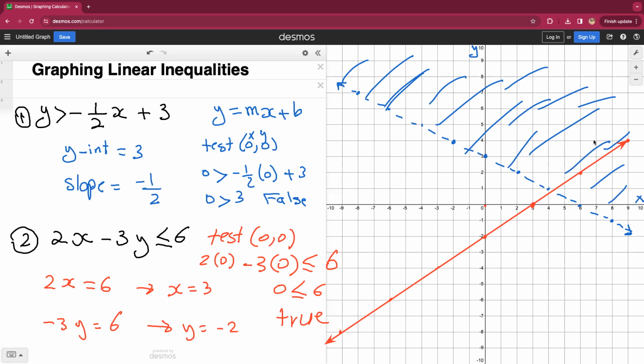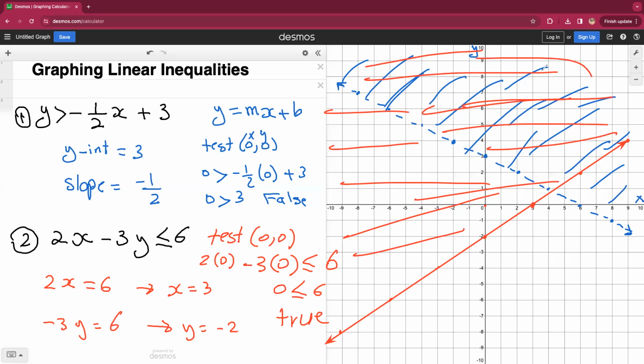So what we're going to do is basically shade all of this area because that's all above the red line. Now, how about if we want to find the solution that satisfies both of these lines? The solution that satisfies both of these lines is the area that you shaded on both of these graphs.